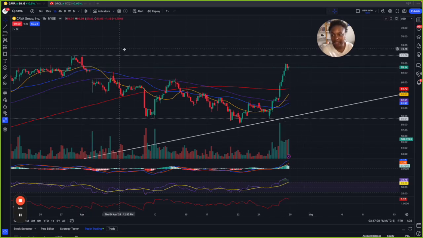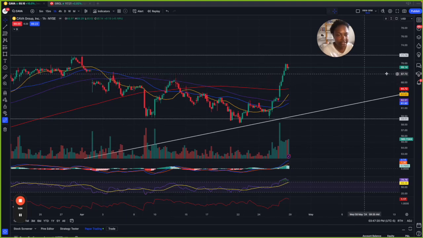So we have a gap here, previous resistance, kind of. I could see this doing a pullback towards the 68.20 and possibly even the 68.70. So what are we going to do, my babies?